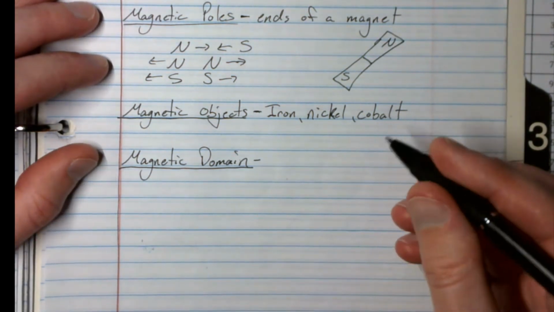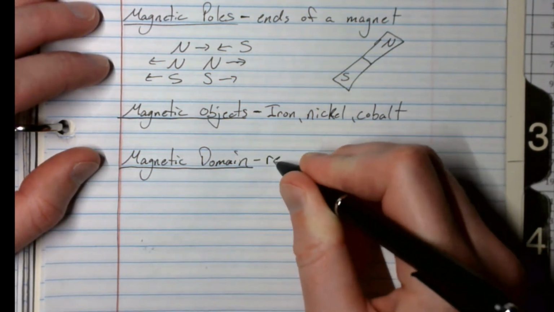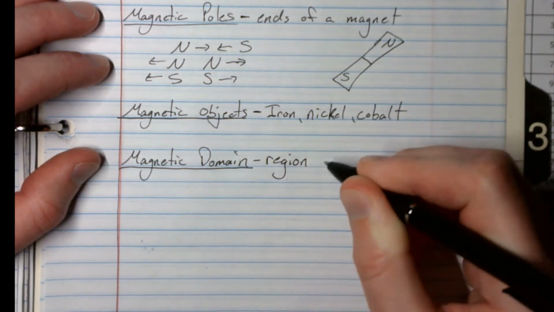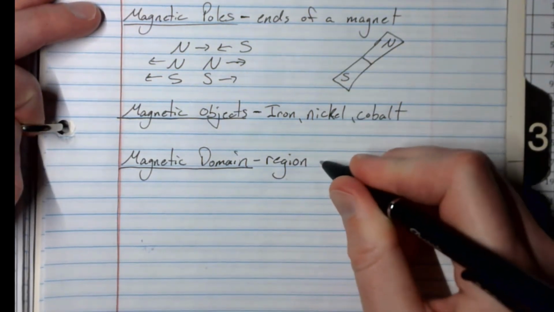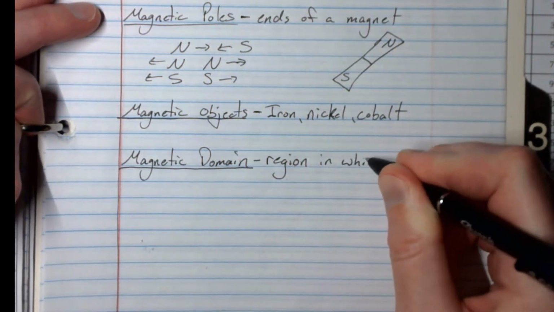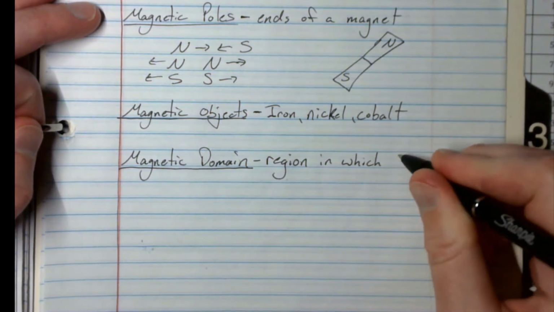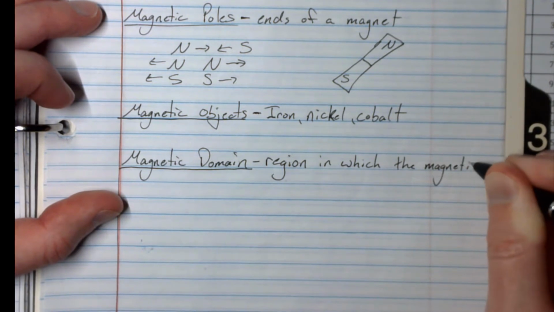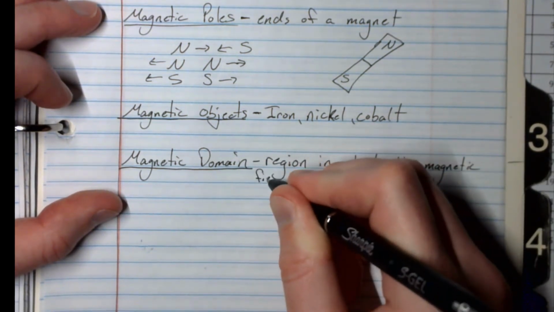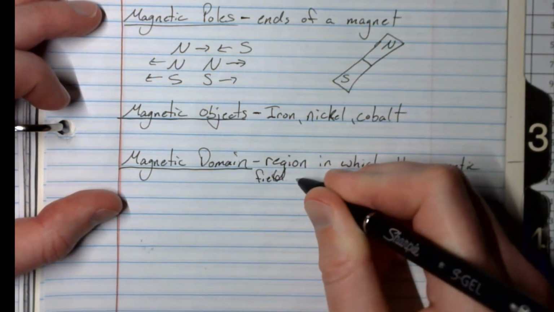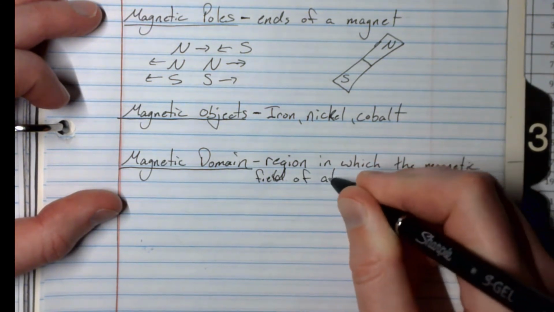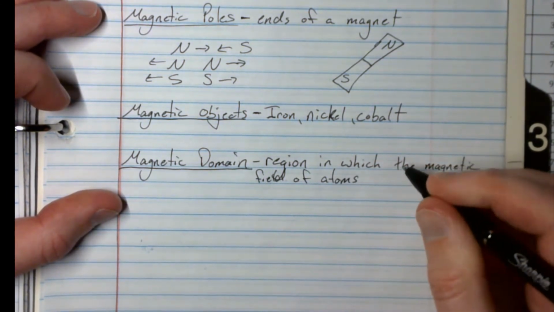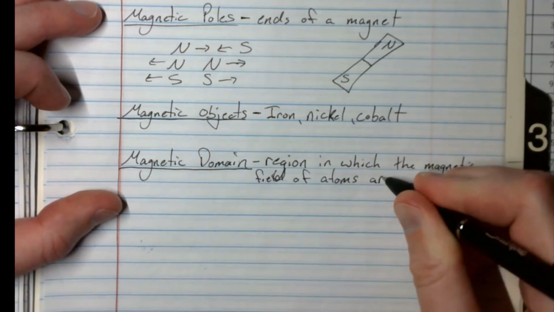So let's write that down. So it's a region or section in which the magnetic field of atoms are aligned.